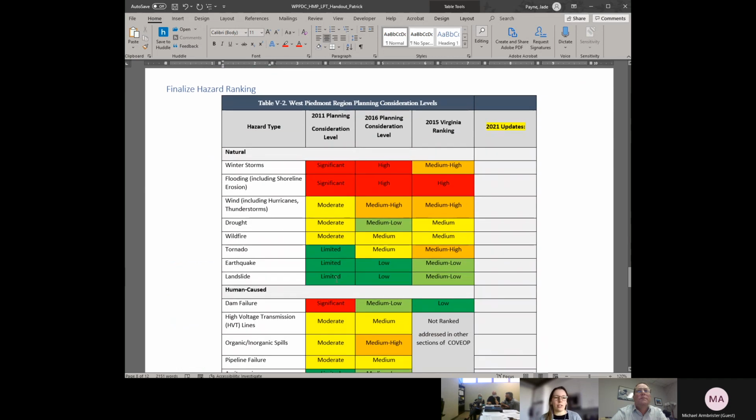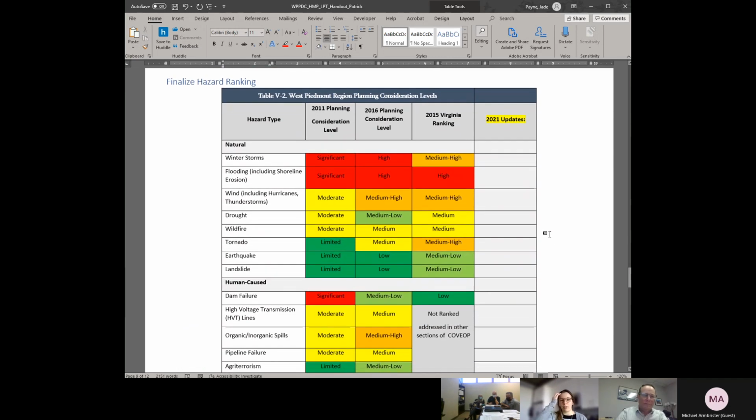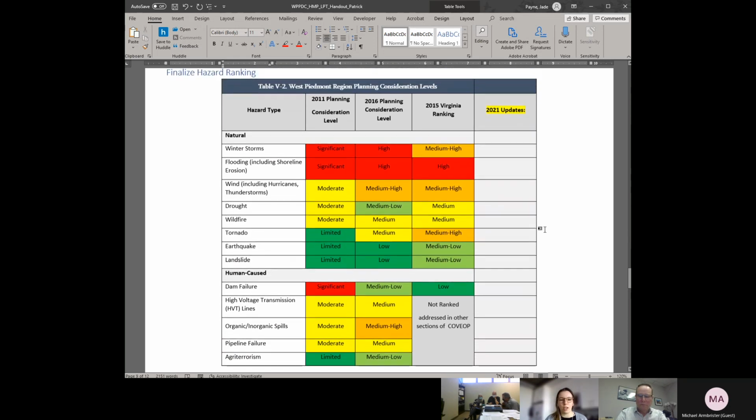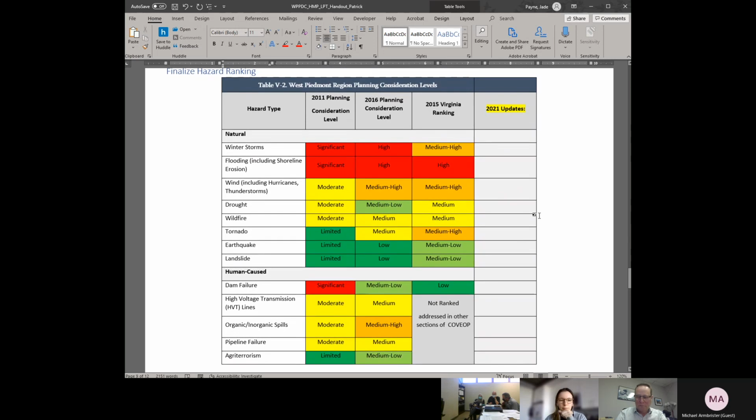Okay, so moving on to the hazard rankings. We did bring this up in the kickoff, and I believe some of the other jurisdictions said that they wanted to raise consideration levels for earthquake and tornado. They thought those should be a little bit higher. In 2016, tornado was listed as medium, earthquake was listed as low.